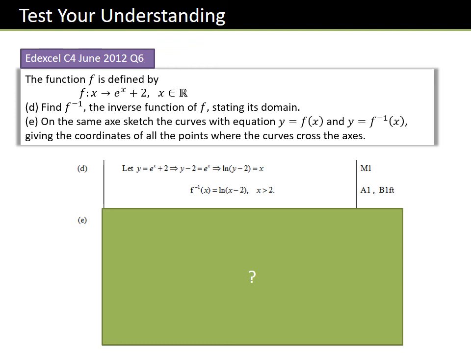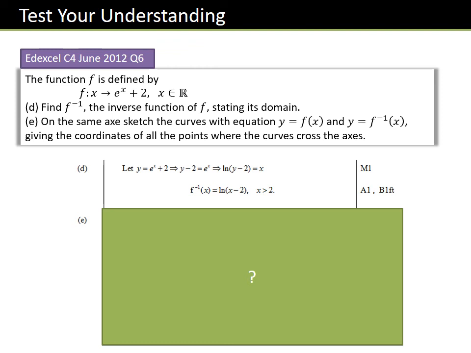My second mark comes from writing correctly in proper function notation, and I now have to state its domain. Well, with a ln, you cannot go below 0. You can't take a ln of negatives, so therefore x has to be bigger than 2.